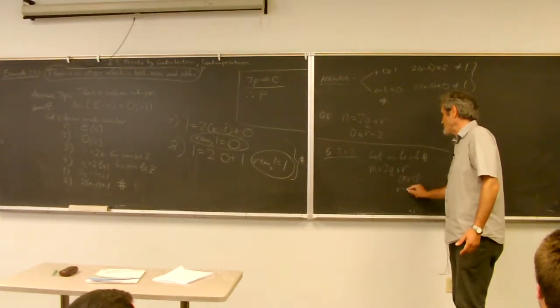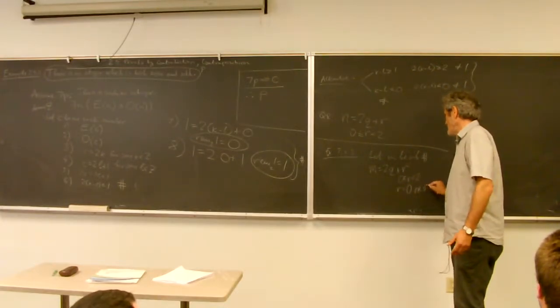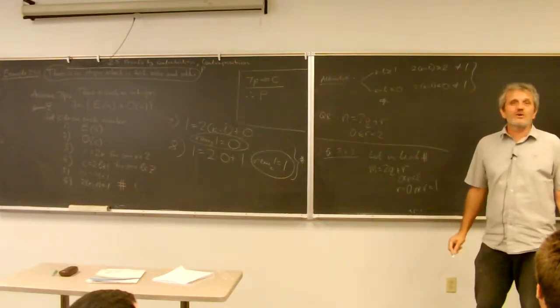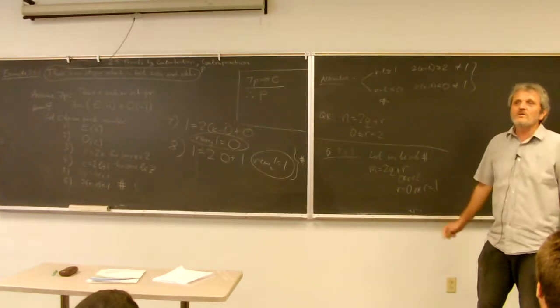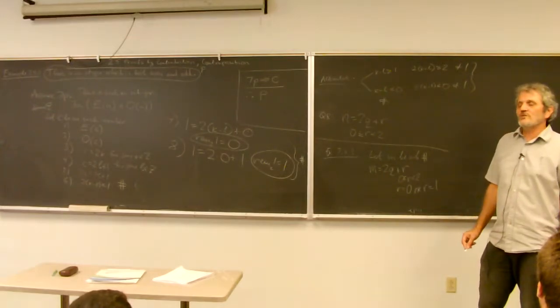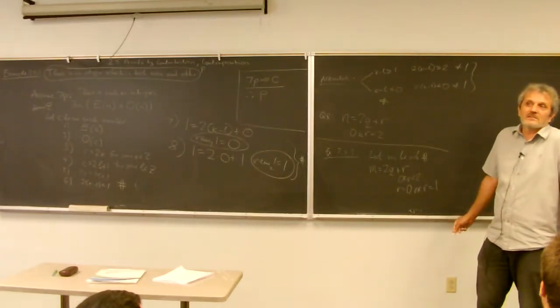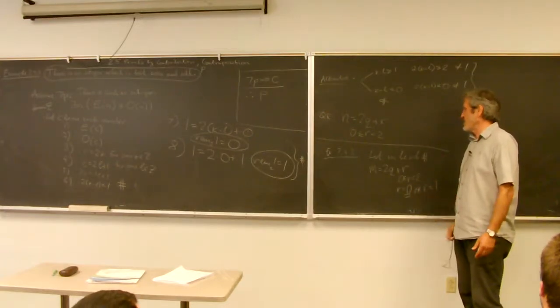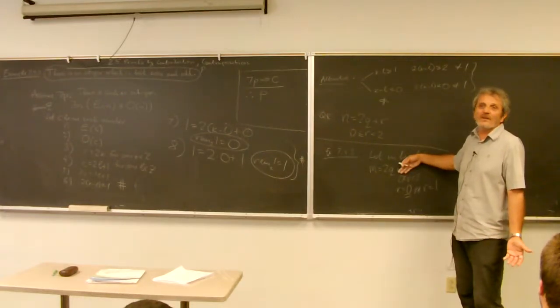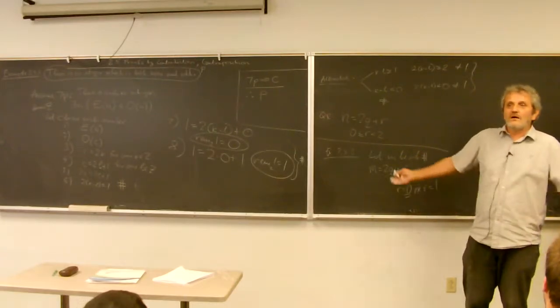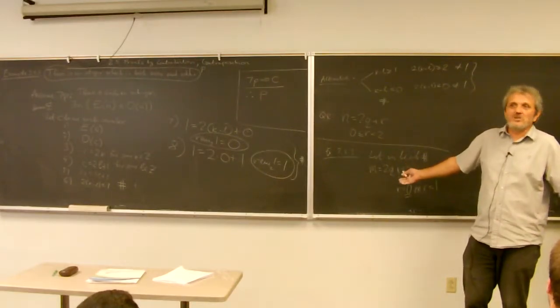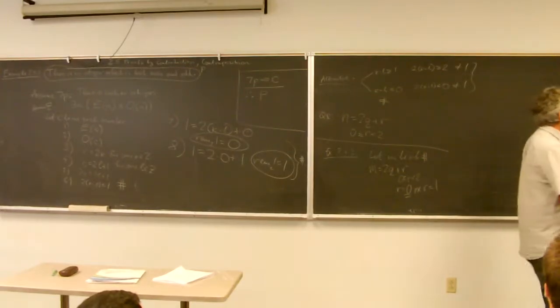So r is 0 or what? r is 1. Is there any third choice? No, because the integers between 0 and 2, less than 2 and greater or equal to 0, are just 0 and 1. If you get remainder 0, are you even or odd? Even. If you get remainder 1, what are you? Are we done? Done, with the direct proof.